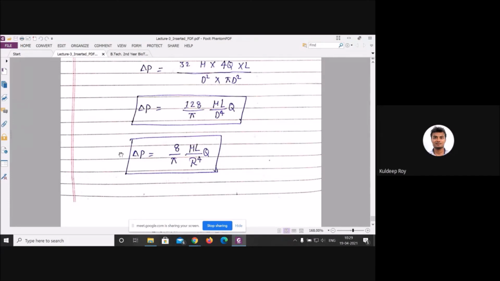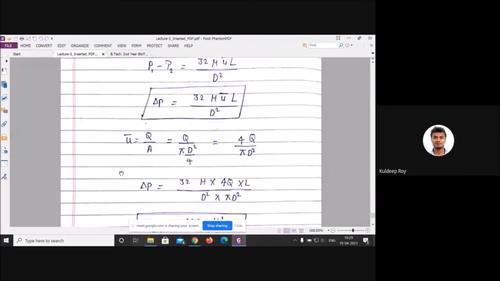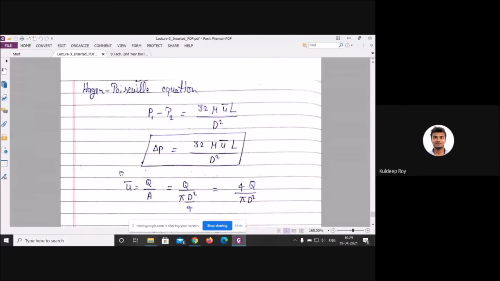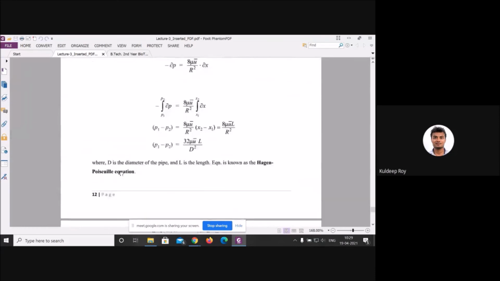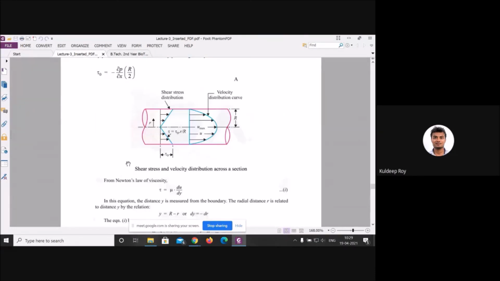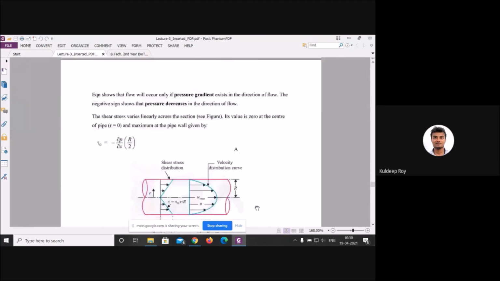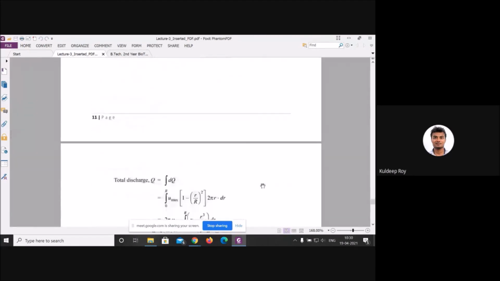And second, we talk about the Hagen-Poiseuille equation, which you apply where you want to determine your delta P, the pressure drop. Both are interrelated, the loss and the pressure drop, because you are looking for the pressure loss from this position to this position when the fluid flows from this direction to this direction. You have defined your losses and derived the expression for delta P as well.